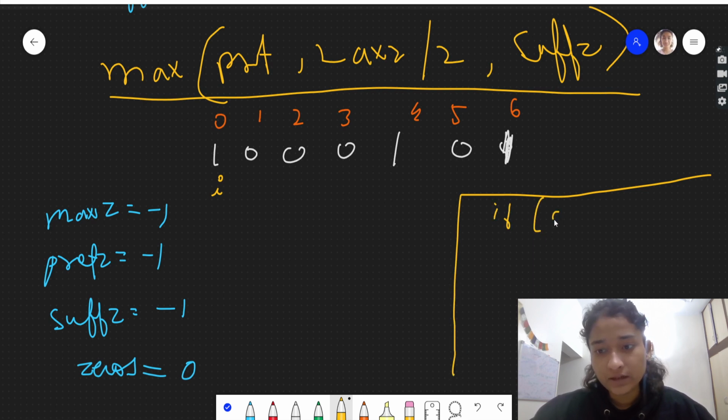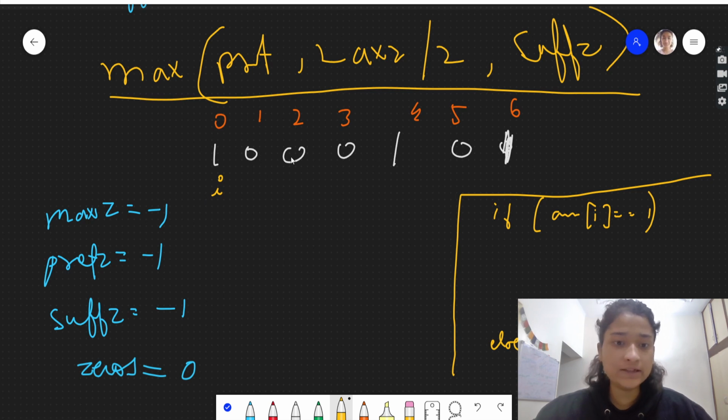Either we will get 1 or we will get 0. When we get 0, we will do one thing. We will just increment the zeros variable, zeros plus plus.